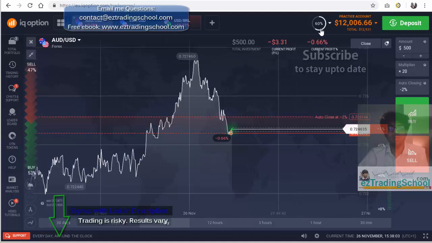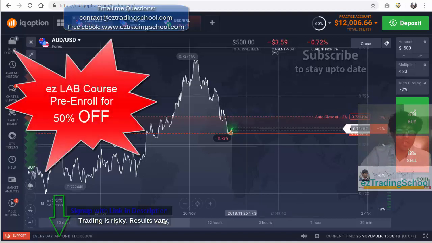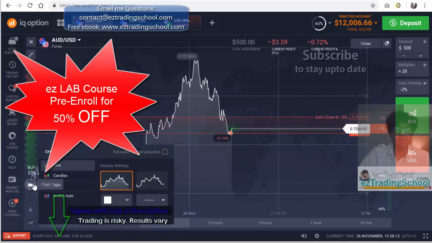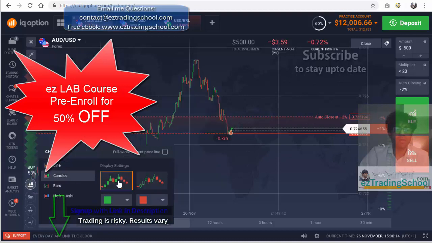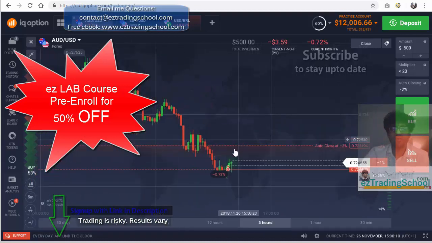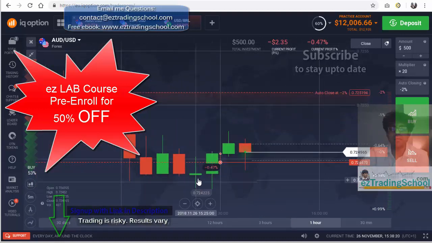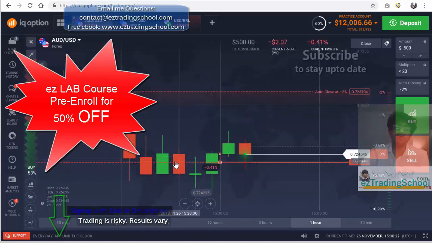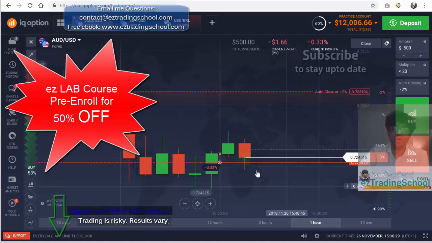Now let's look at this chart, and also there's a pin bar strategy which I've talked about previously in my videos. If I change this chart type to a candle chart by going here, and then zoom into this, the size of the needle, the tail of each candle bar, also determines which direction it's going to go.